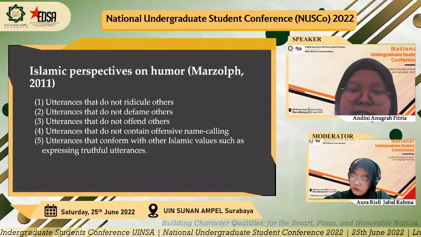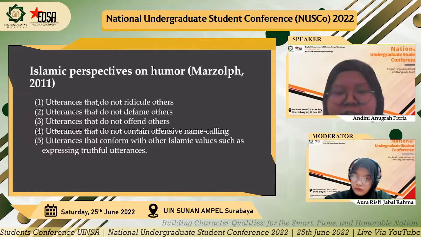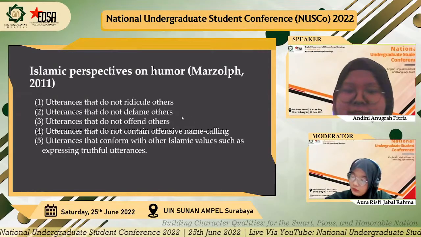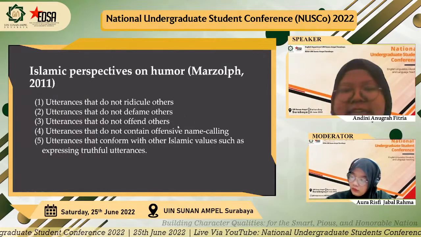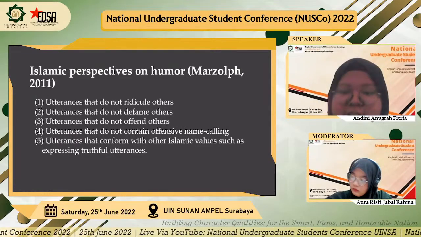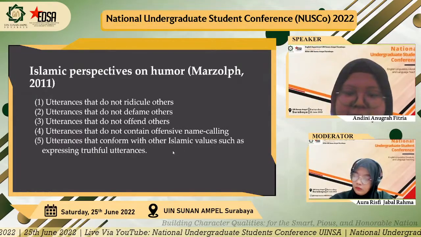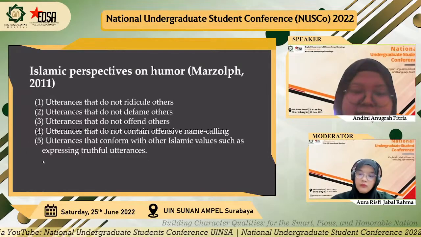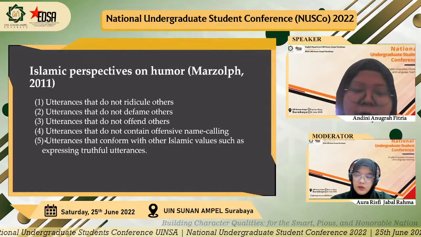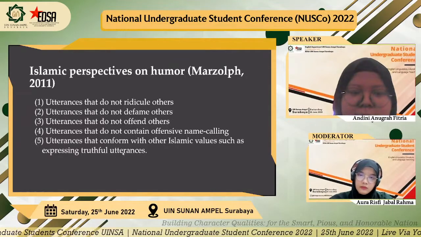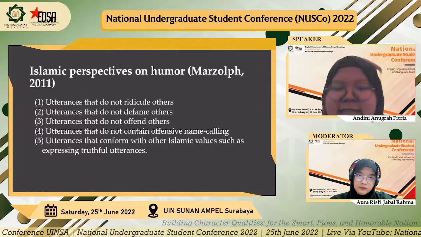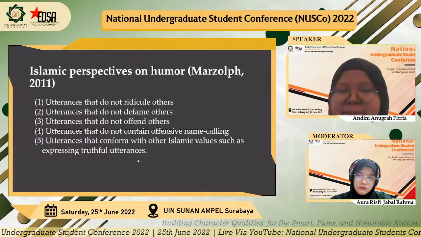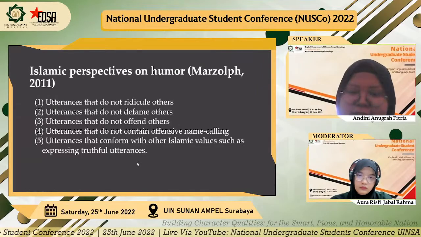According to Mazov's interpretation, Islamic humor utterances should not ridicule others, should not defame others, should not offend others, should not contain offensive name-calling, and should conform with other Islamic values, such as expressing truthful utterances. And in this study, especially for point number 5, I focused on analyzing the Islamic values which are expressing truthful utterances and avoiding abusive behaviors to others.